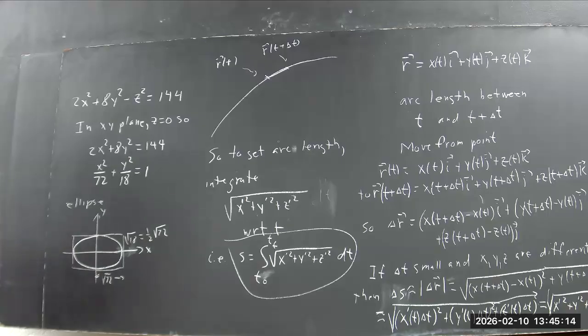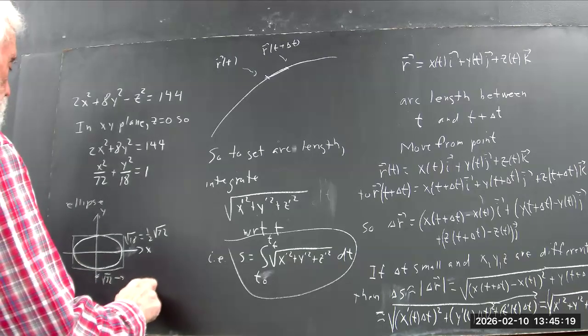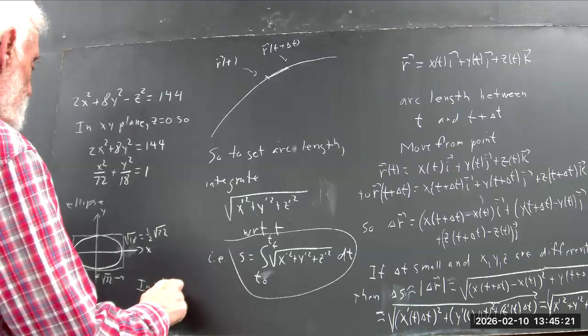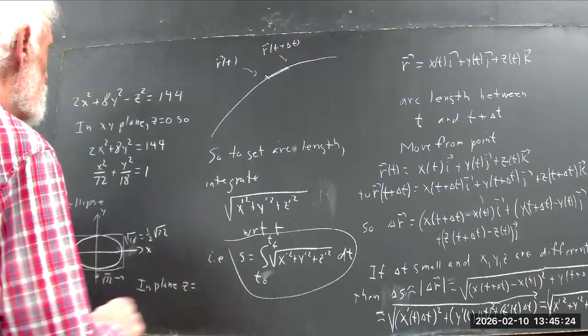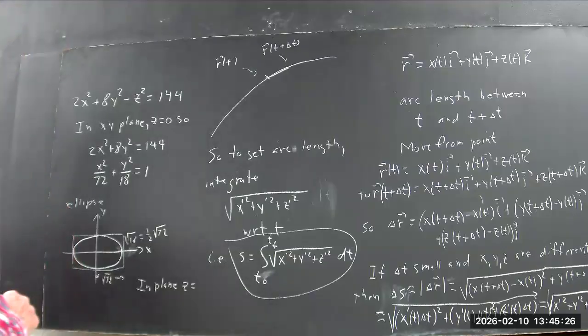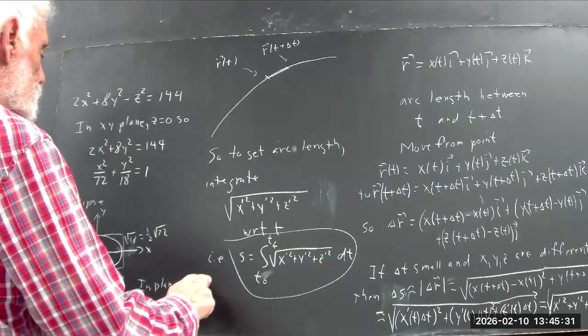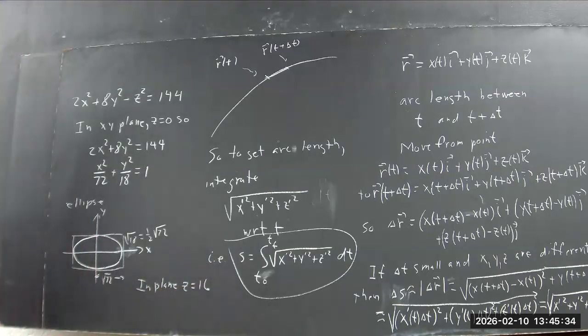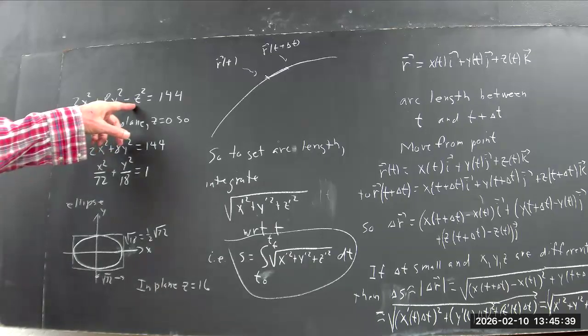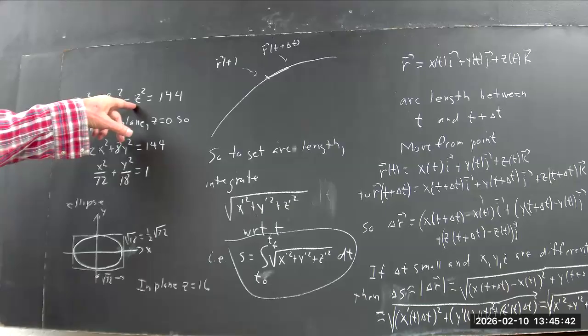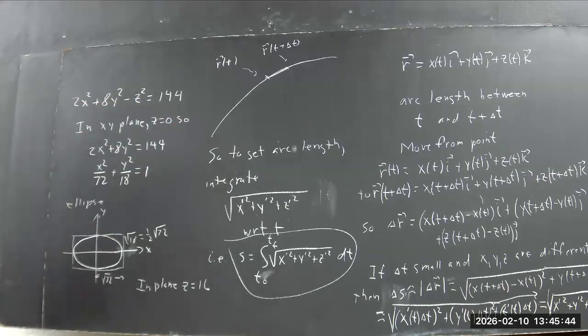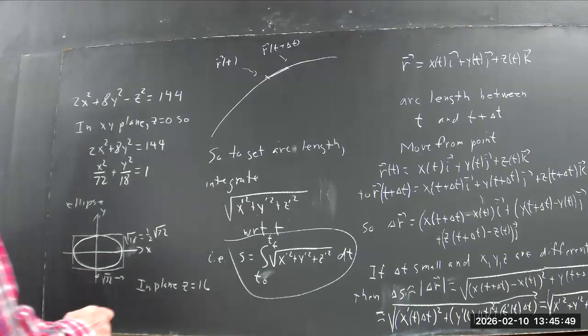Now, what does it look like in the plane Z equals 16? Well, if Z equals 16, Z squared is 256. You add that to 144 and you get 400, right? I think. Okay.